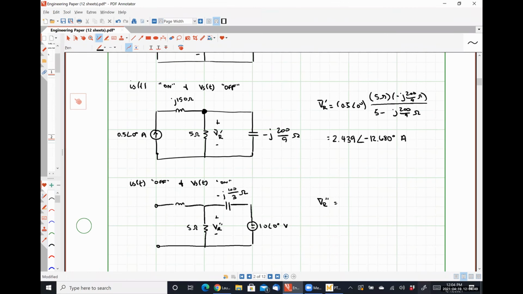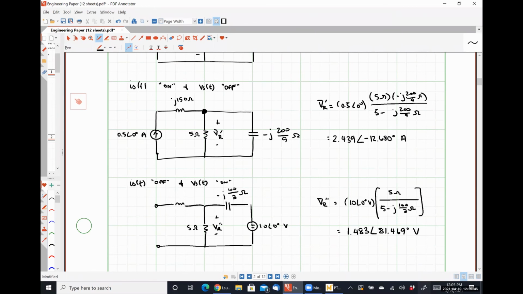So that's going to look like 10 angle 0 degrees volts times 5 ohms over 5 minus J 100 over 3 ohms, which looks like 1.483 with an angle of 81.469 degrees volts.